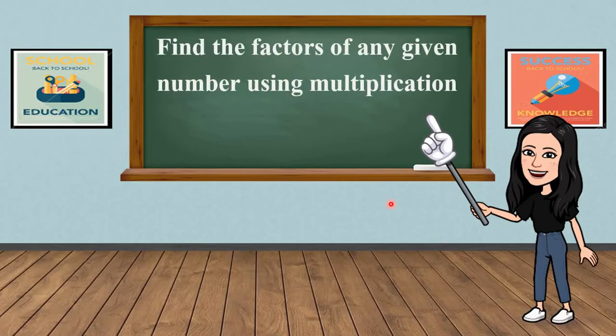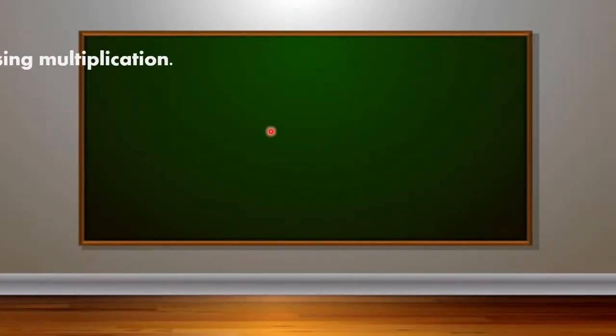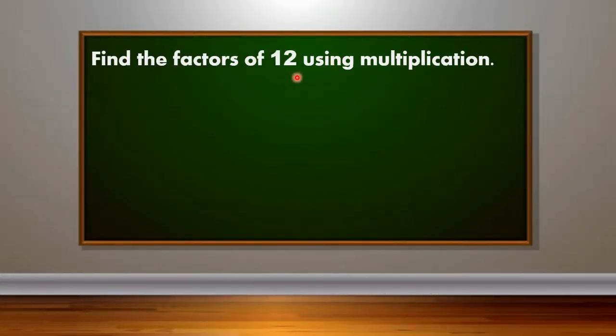Kids, let's now understand how to find the factors of any given number using multiplication. Let's take an example of number 12. We have to find the factors of number 12 using multiplication. So kids, the best way to do this is to begin with 1. So we will begin with 1 and we will find out some number which can be multiplied by 1 to get 12.